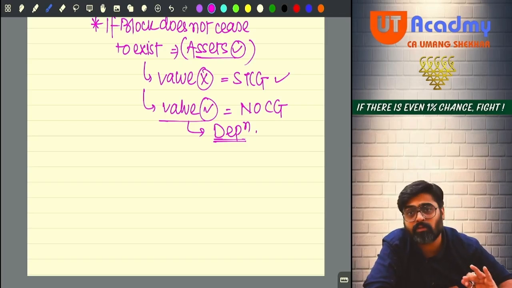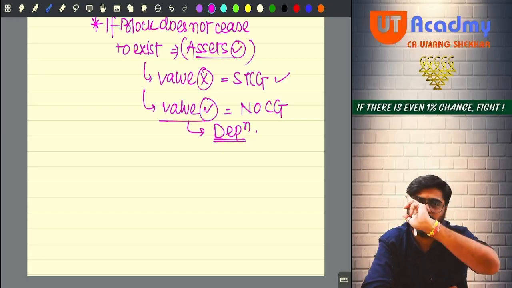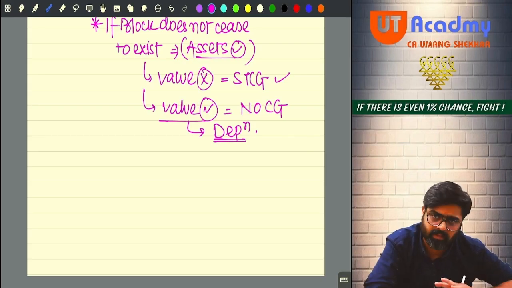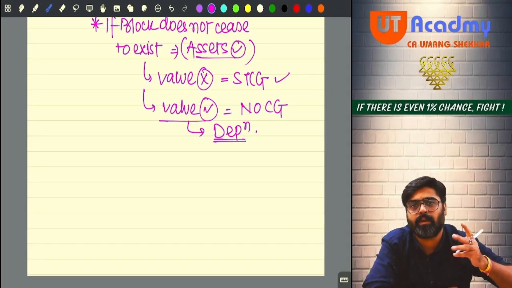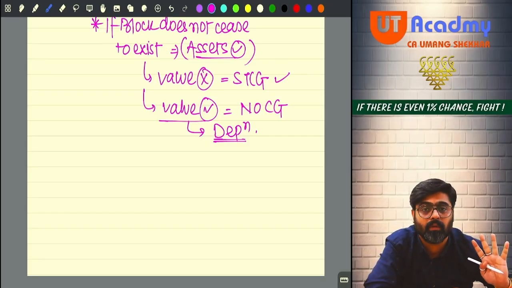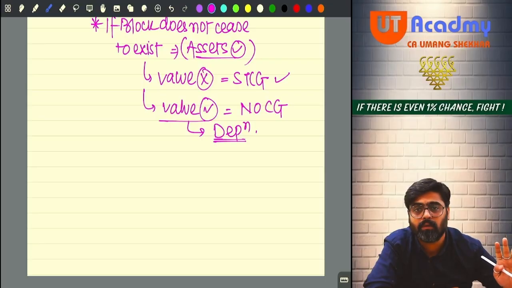If the block is there and value is also there, stay there only, calculate depreciation and claim the depreciation. So either depreciation will come, or if not, then capital gain or capital loss will come, and it will always be short term. No indexation.